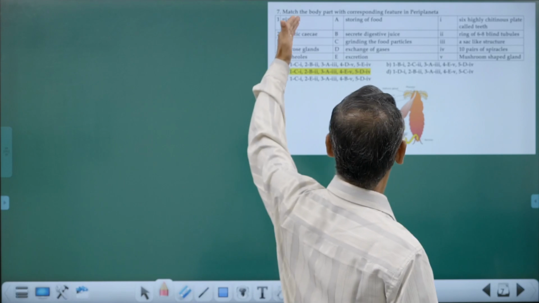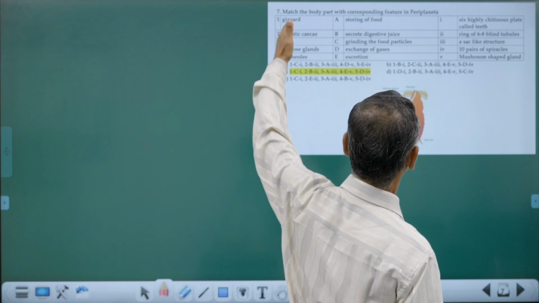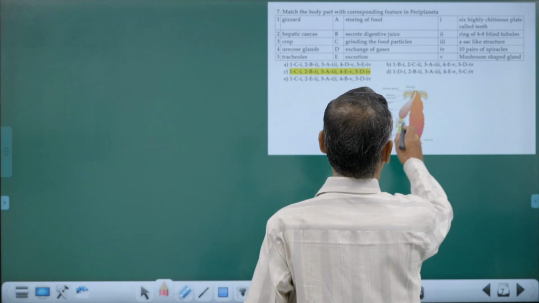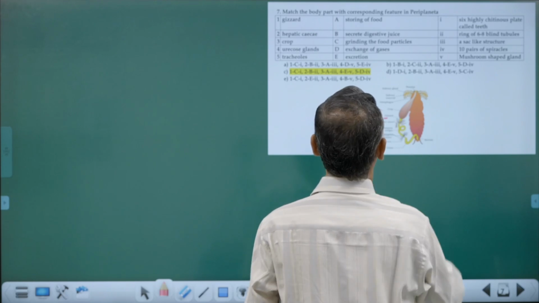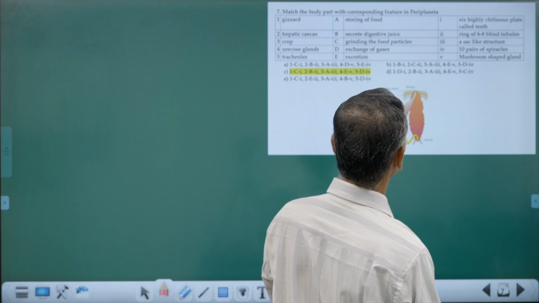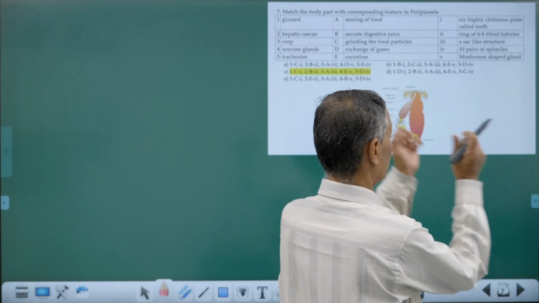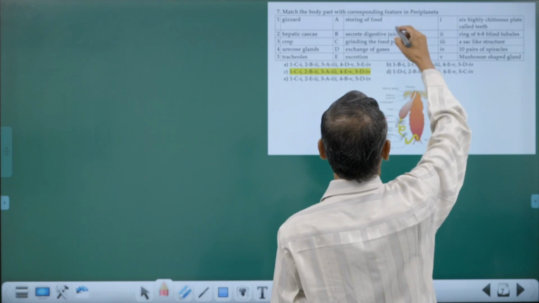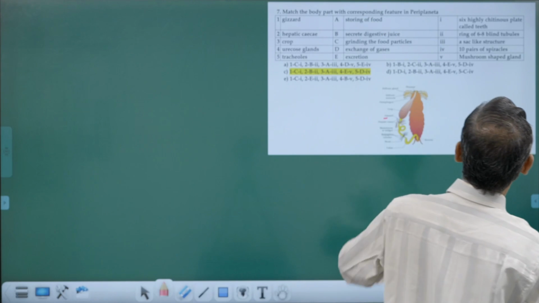See, in Periplaneta, that is cockroach, gizzard. What is that gizzard? That triangular structure, you can see it here. Storing of food. Gizzard is not concerned with storing of food. This is the grinding mill, grinding of food particles. So, 1C.